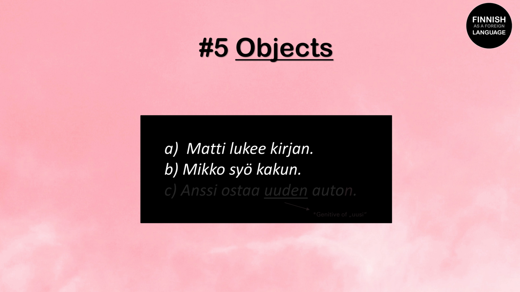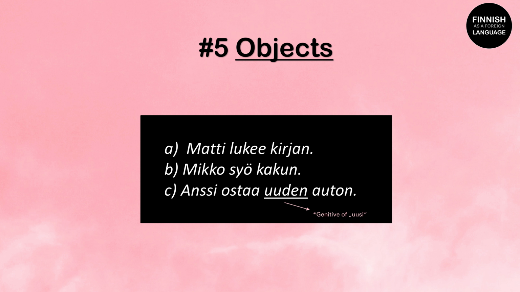Next example. Mikko syö kakun means Mikko eats the cake. And here we mean the whole cake. Kakun is the genitive case of the word kakku, which means cake. So this sentence should be clear. And our last example is Anssi ostaa uuden auton means Anssi buys a new car. Why do we put the car into the genitive case? Well, first of all, because he's buying the car as a whole, and mainly because he buys one car.